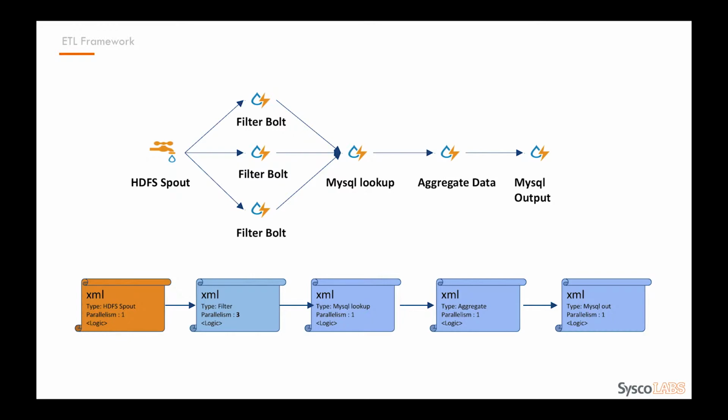It can be a DFS spout, it can be an S3 spout, and what's the type of the bolt and what's the parallelism. Like this, you can simply build a topology even if you don't know any programming language, or even if you don't have any technical expertise.